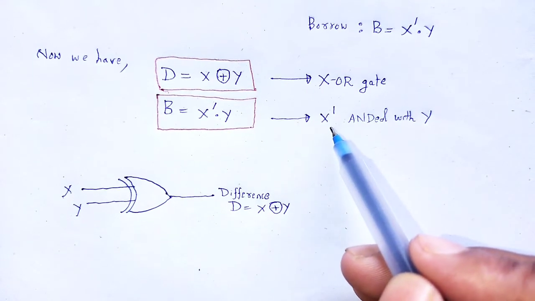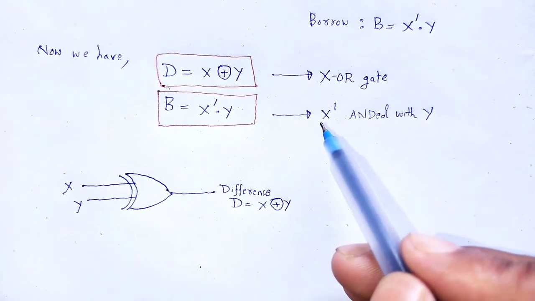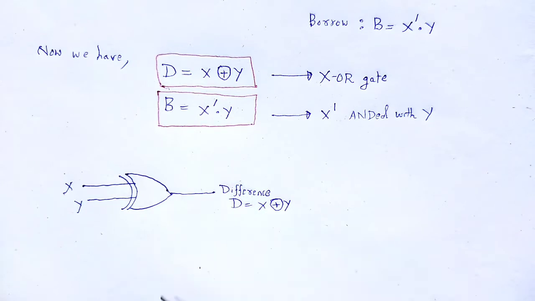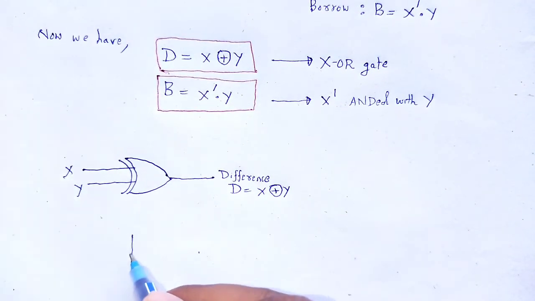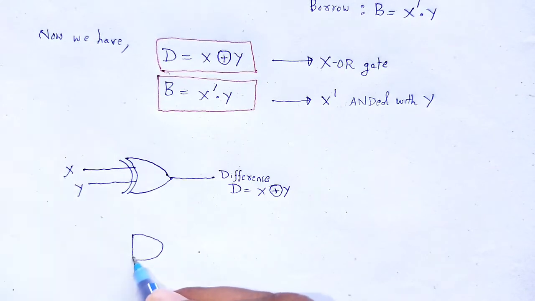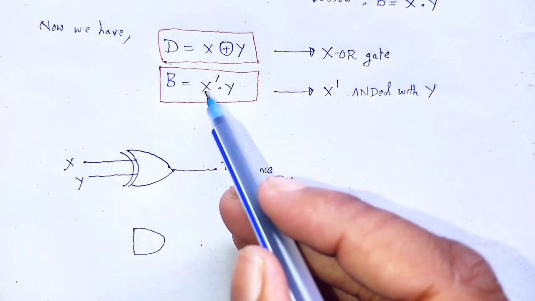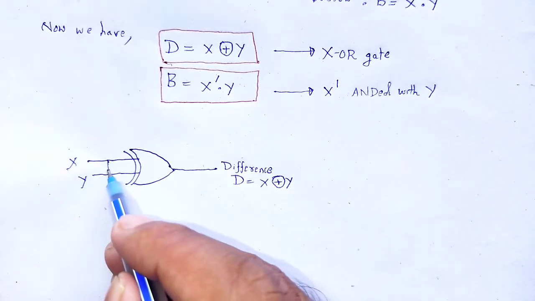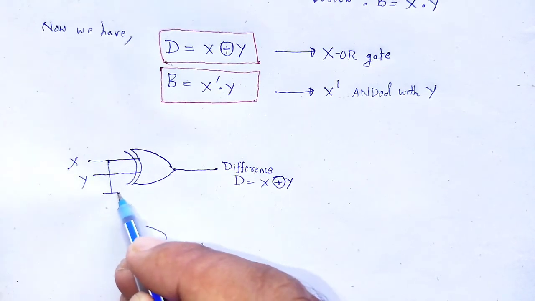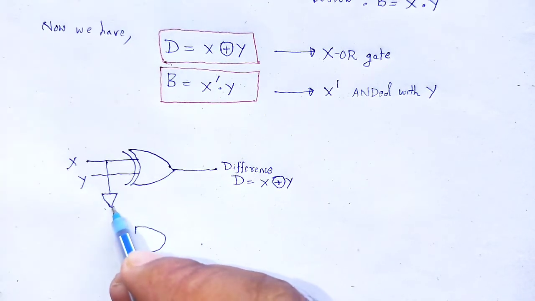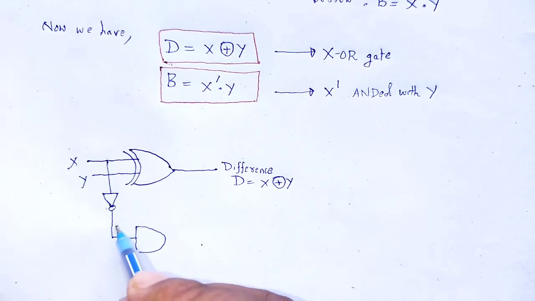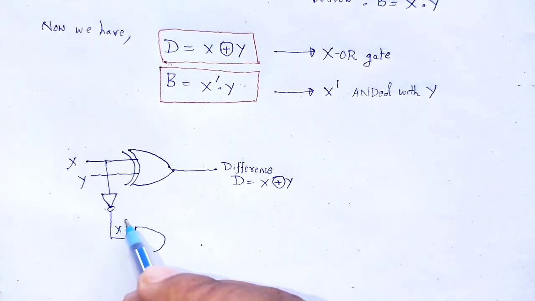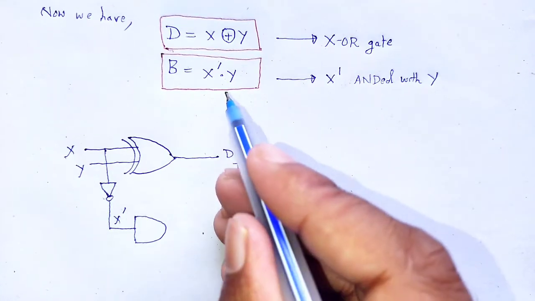Next, for borrow B, an AND gate has the input x prime, so this is the x input, a NOT gate is used, so the output of the NOT gate is x prime, and another input y.